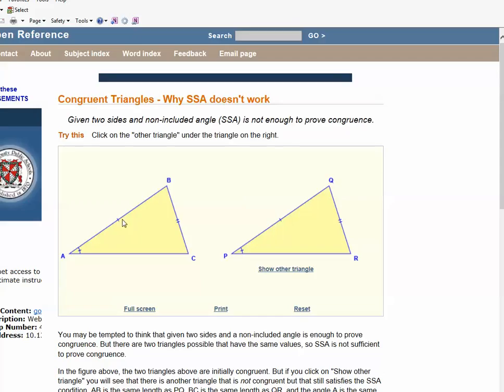So in this diagram, notice I've got two sides and an angle that's not between these two sides that are marked. So these two sides are congruent to these two sides. The included angle would be the angle connecting these sides, this angle right here. So it's not the included angle, it's this angle over here.